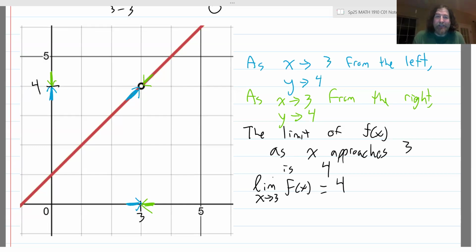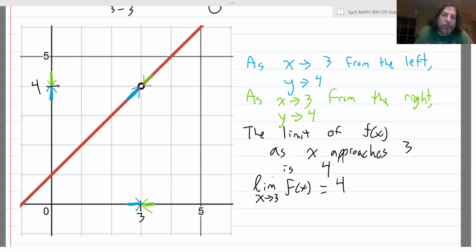And in a lot of cases, we are interested not only in what happened, but also what was going to happen, what should have happened, what were we trying to achieve. Again, not a perfect analogy, but in the world of calculus, we are very, very often interested in what the values are approaching, whether or not they get there.